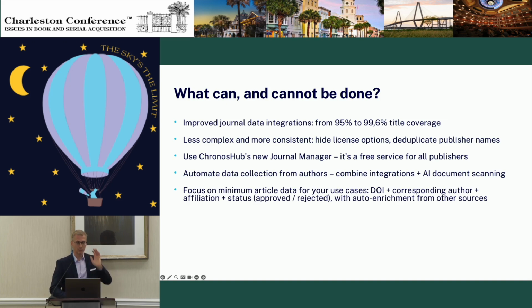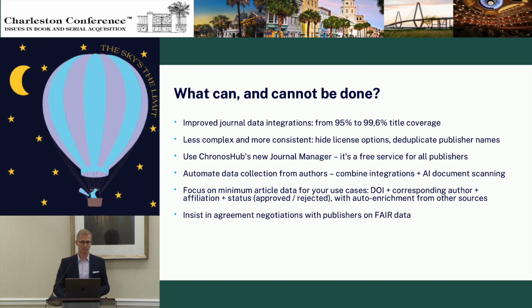And then focus on the minimum article data that we need for the use cases. So if we talk about agreement monitoring, we actually don't need that much. Right? If we get a DOI, the corresponding author, their affiliation, and the status, we can enrich these records through the DOIs from a lot of different online sources for other data. But if these 4 different attributes are there in a good quality, we can actually do a pretty good agreement monitoring in an automated way.